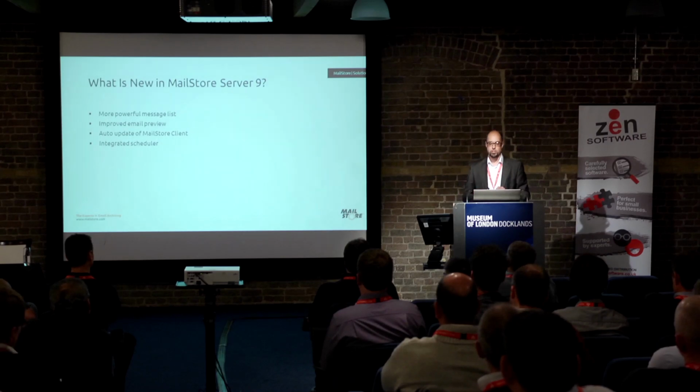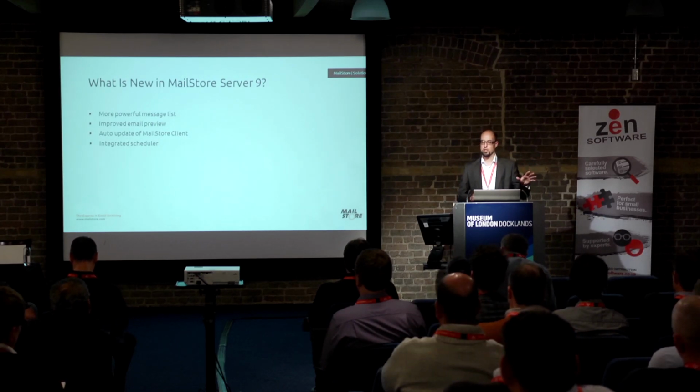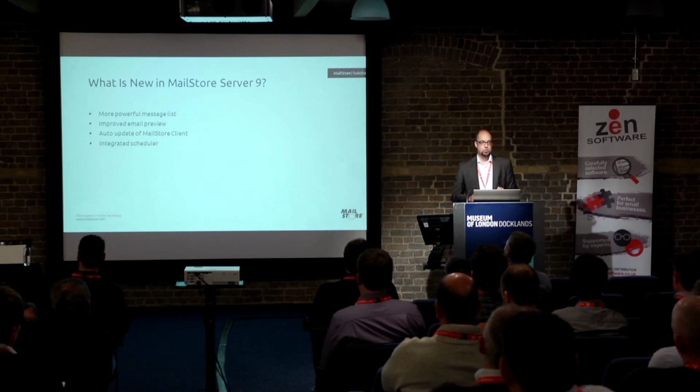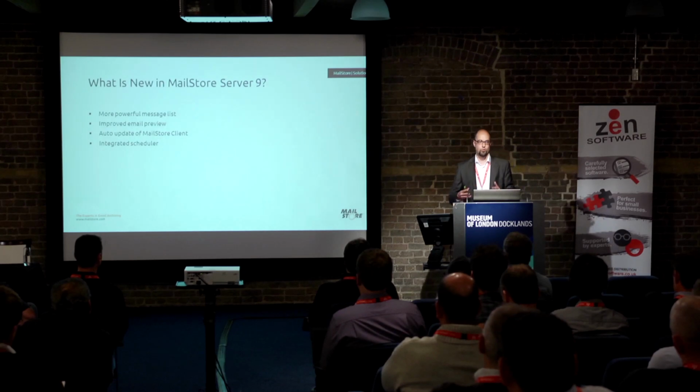That is something we now integrated for server-side profiles. So if MailStore should archive directly from mailboxes, it doesn't matter if it's a single mailbox, journal mailbox, or multiple mailboxes, the MailStore server will continuously execute these archiving profiles to search for new email. Yeah? So it's a much more convenient way of creating archiving profiles.